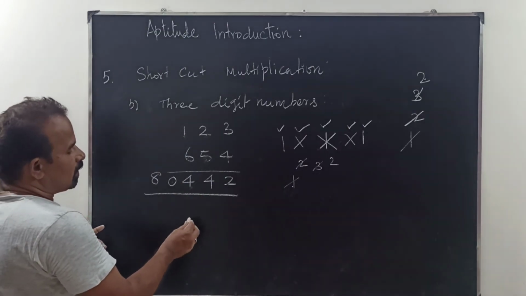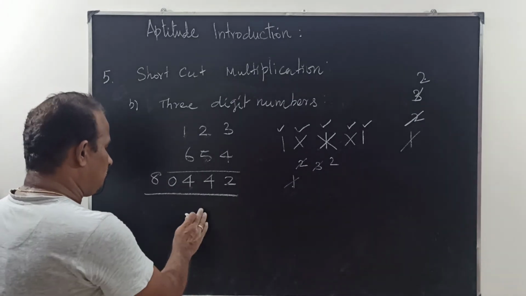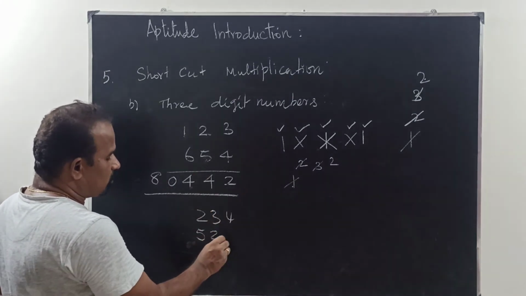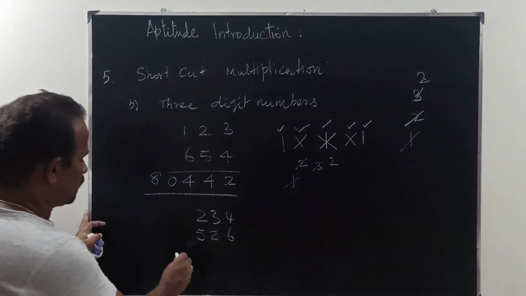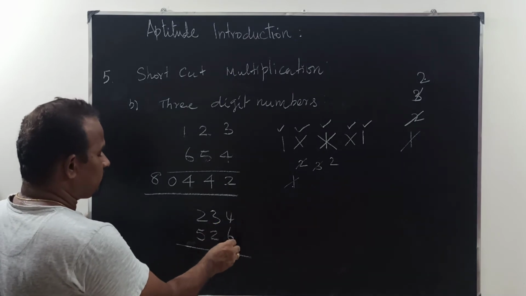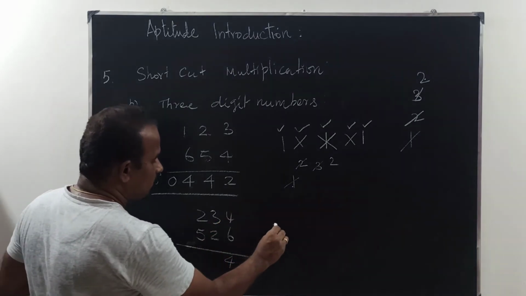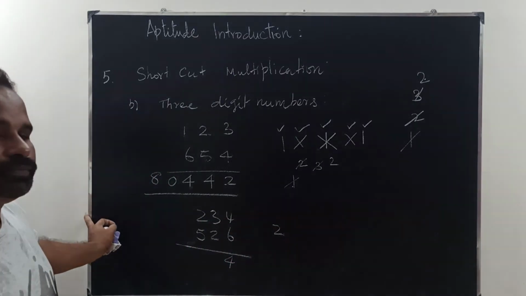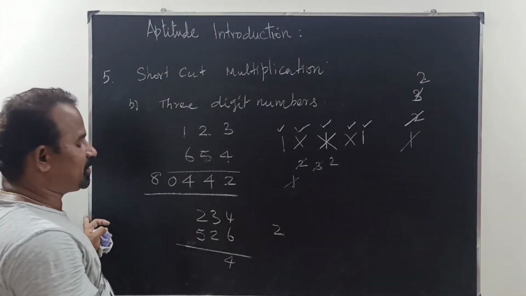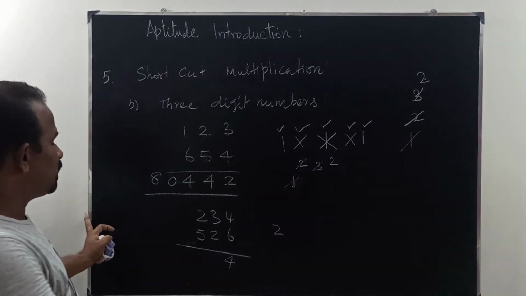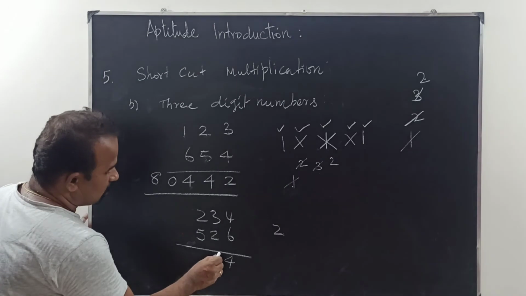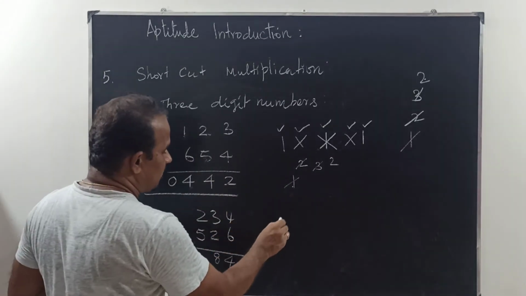1 2 3 4 5 2 6 5 2 6. 6 into 4 is 24, remaining 2. 6 into 3 is 18 plus 8, 18 plus 8 is 26, 26 plus 2 is 28, again remaining 2.